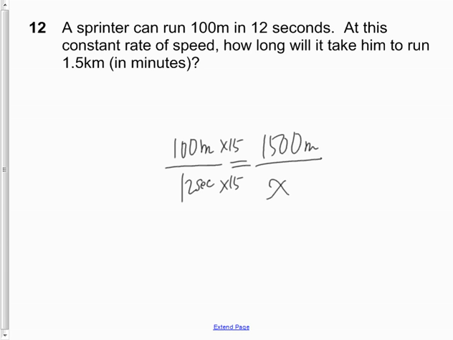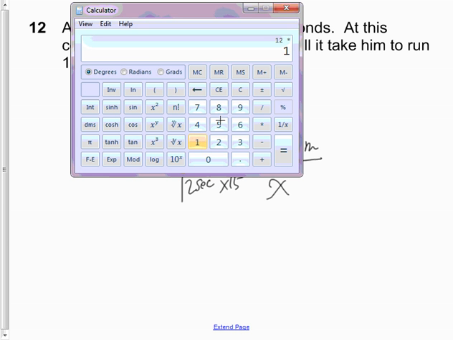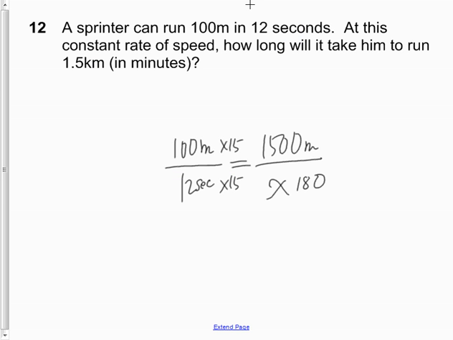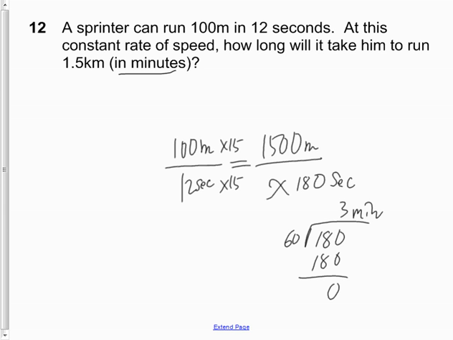If I take 12 seconds and multiply it by 15, I get 180. And since it says in minutes, I now have to say 180 seconds is how many minutes. Since there are 60 seconds in a minute, if I go 180 divided by 60, I will find out it's exactly 3, which means it's 3 minutes to travel 1.5 kilometers, if a sprinter was able to maintain that speed, but he can't.